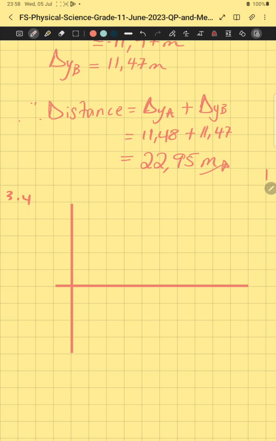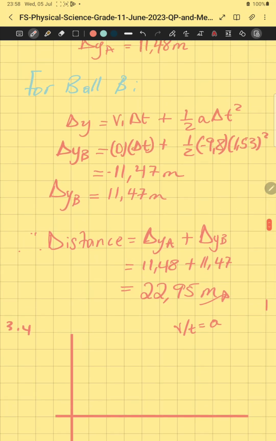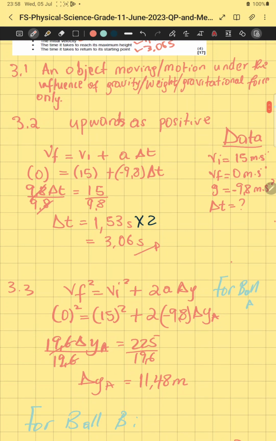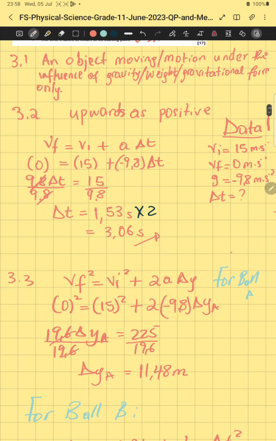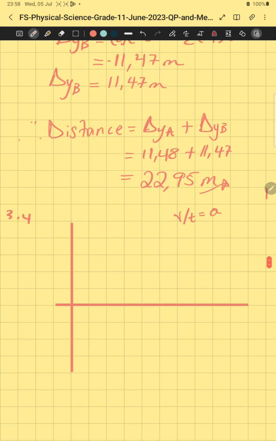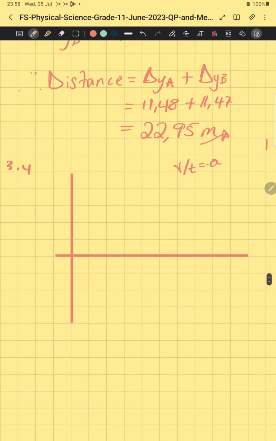Remember, the velocity-versus-time graph gives you acceleration as the gradient. We have chosen upwards as positive, so our acceleration is negative.